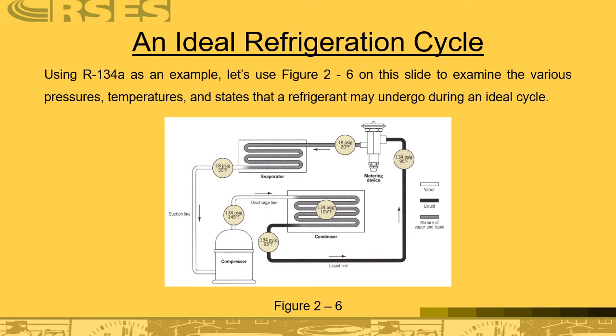We enter the metering device at 134 psig, which is the same as the condenser, 95 degrees Fahrenheit on the liquid line. And then of course we leave this pressure drop or metering device at 18 psig, and the temperature drops off dramatically. And in this illustration we can show you the difference between vapor, liquid, and a mixture of vapor and liquid.